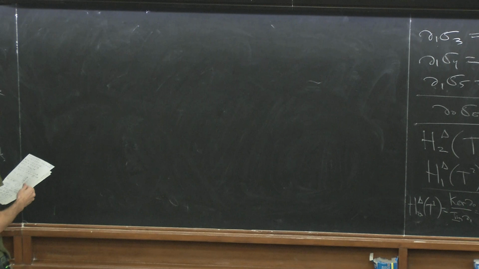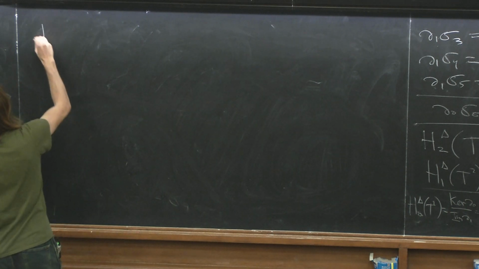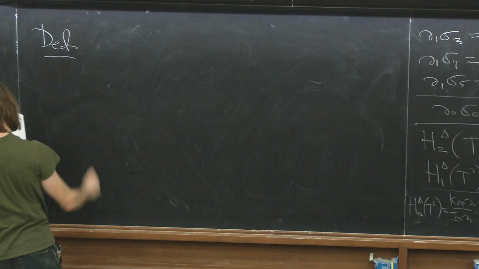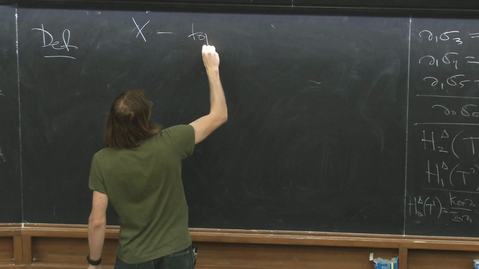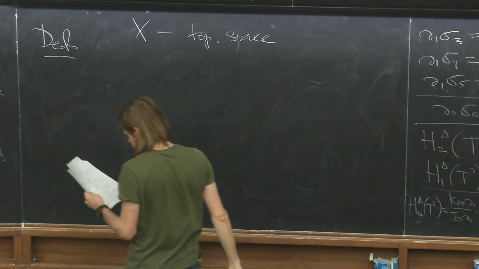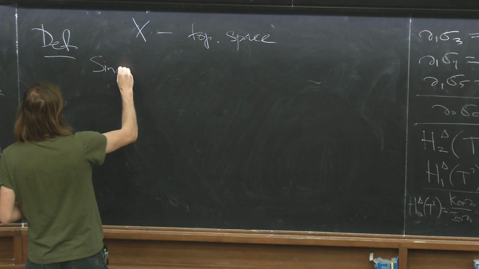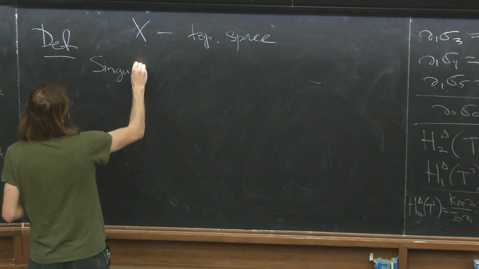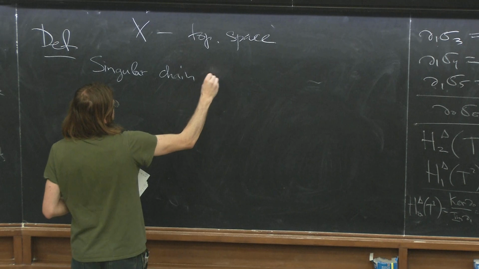So we just define a different chain complex, which is called the singular chain complex. X, as usual, is our topological space. For any topological space, one can define what is called the singular complex.